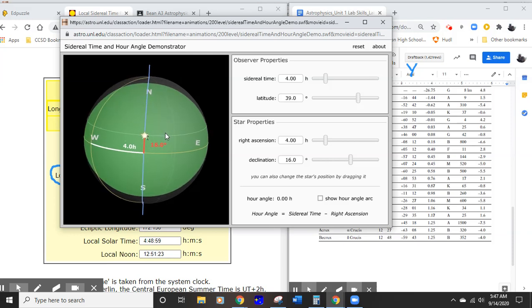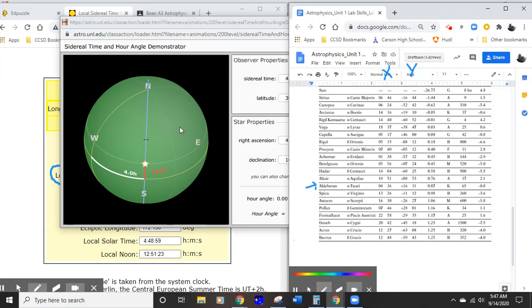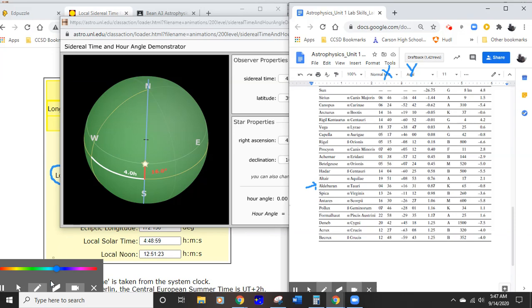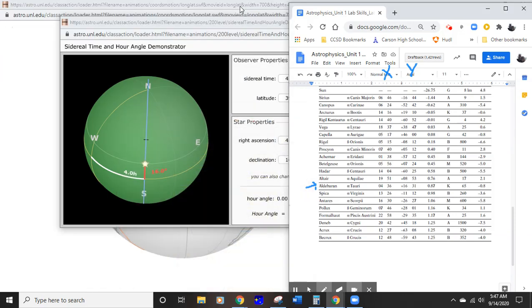So this is us. This is 39 degrees north here. Let's get some notation here. This is 39 degrees north.